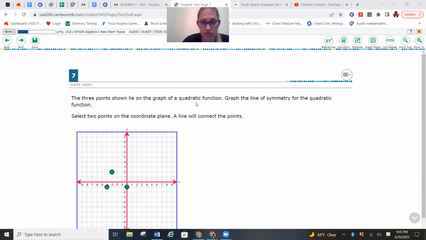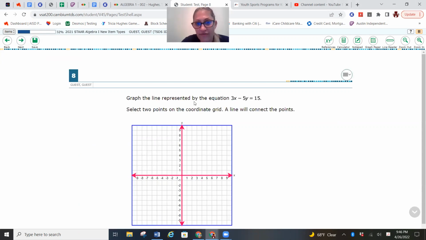The line of symmetry is going to be a line in the middle. Notice that this green dot is 2 spaces away from the line, and so is that green dot. As long as you put the line in the middle of these 2 green dots, you got it right. Save it, move on.